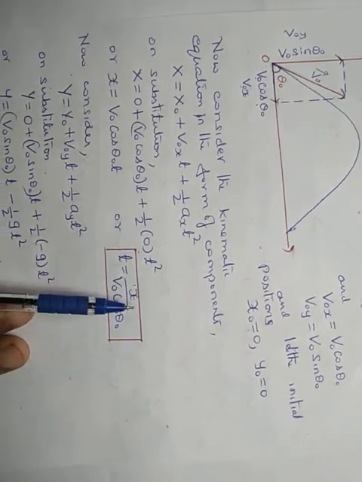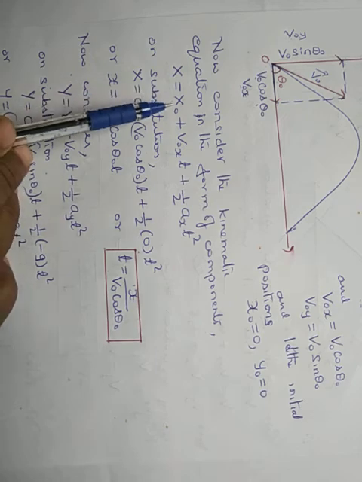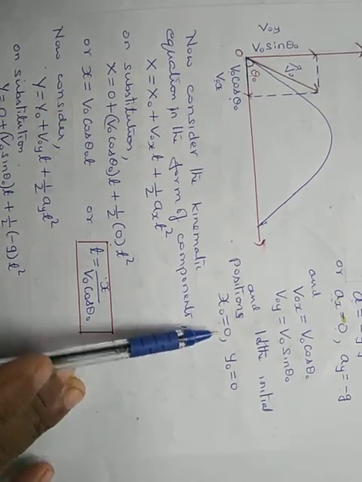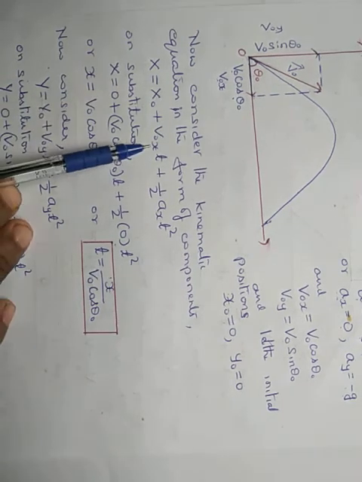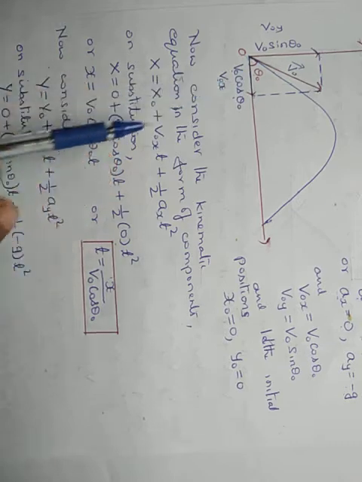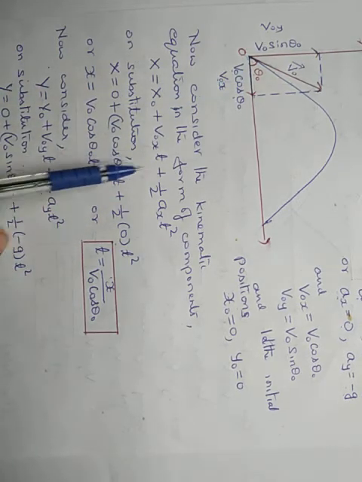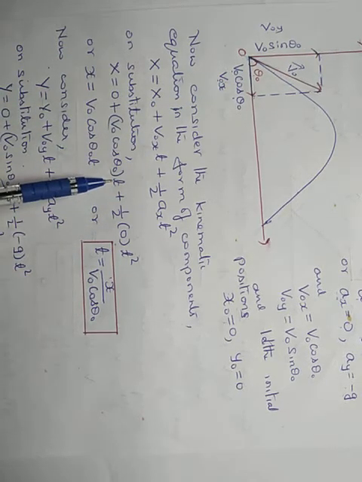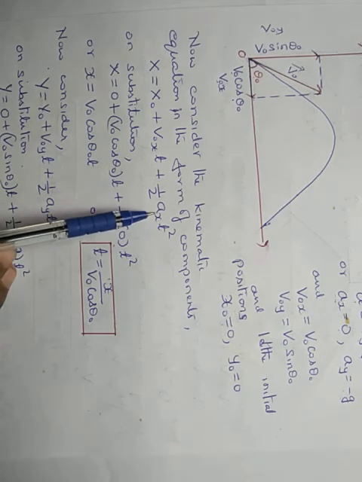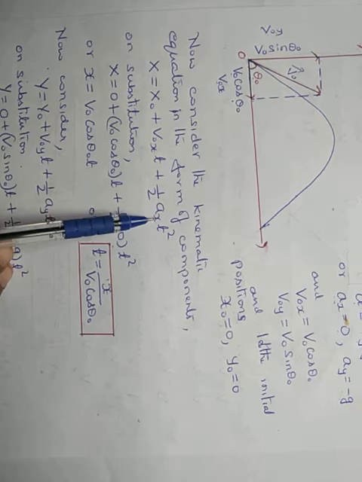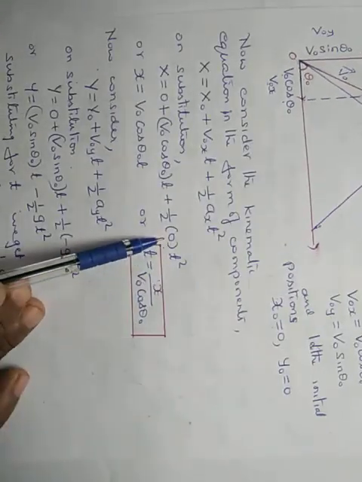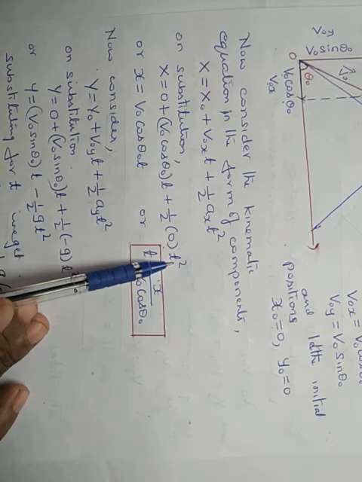Now just substitute. What is the value of x naught? We have chosen 0. V naught x is V naught cos theta naught, t is the time, plus half into the component of acceleration along the x axis, that is 0, into t square.